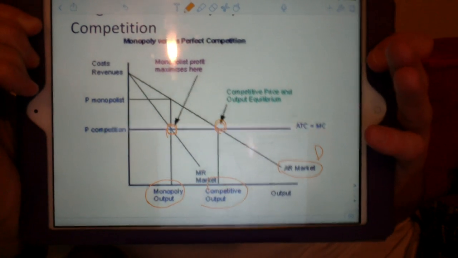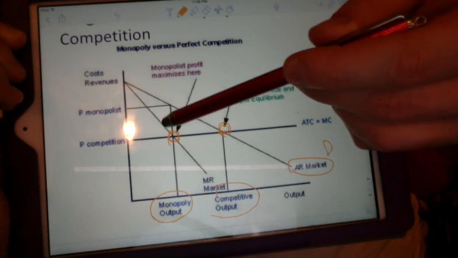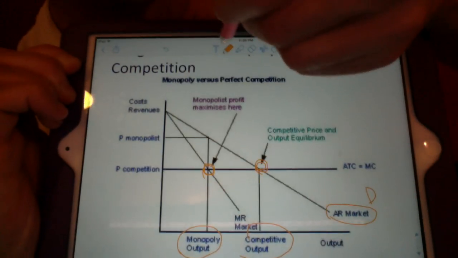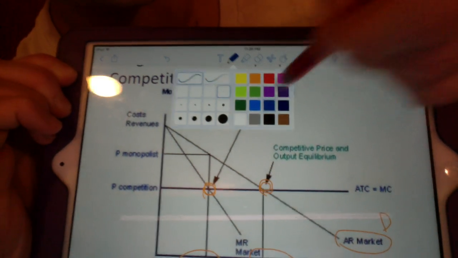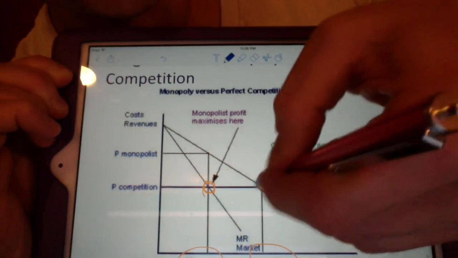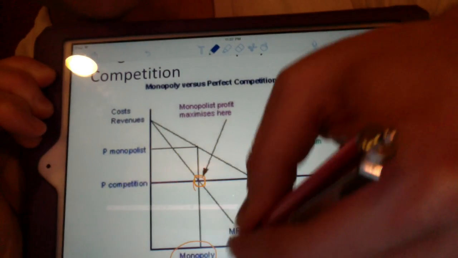So what do we see? The monopolist right here is going to price their product, and I'll change these up. I'm going to do monopolist in orange, and I'll do the market in blue. So here's the market, that's the market, and that's the market.